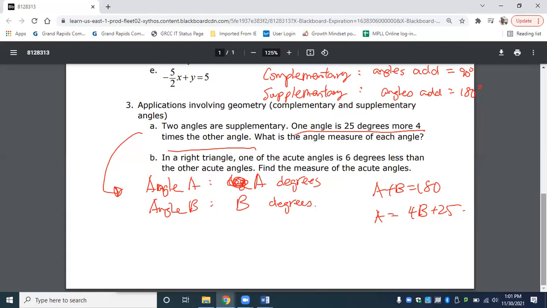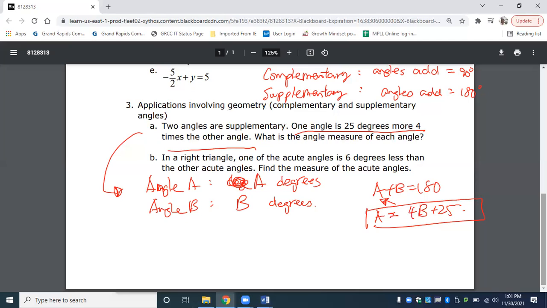Okay. Now we don't really know which one's bigger or which one's smaller, which means you can use A or B, by your choice. But that's how you're gonna set up. And then from here, notice we already got A equals. So this is good. So now we're gonna plug the A equal 4B plus 25 into the other equation.